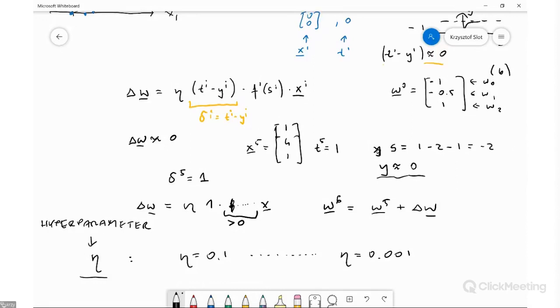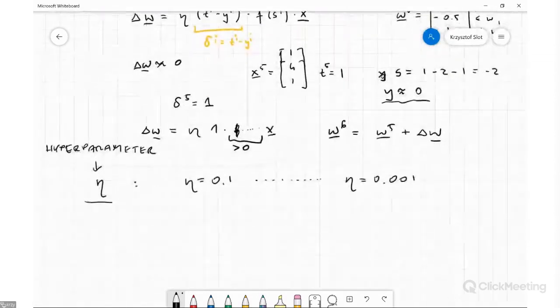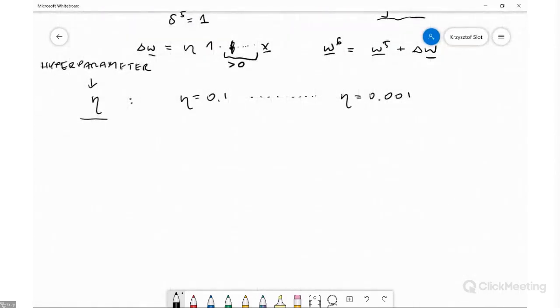But also we have some parameters that we need to choose in a little bit different manner. And these parameters that cannot be estimated directly from data are called hyperparameters. So eta is the first hyperparameter that impacts the procedure of learning, of training, of a neuron training. So a neuron can be trained in a very simple way.